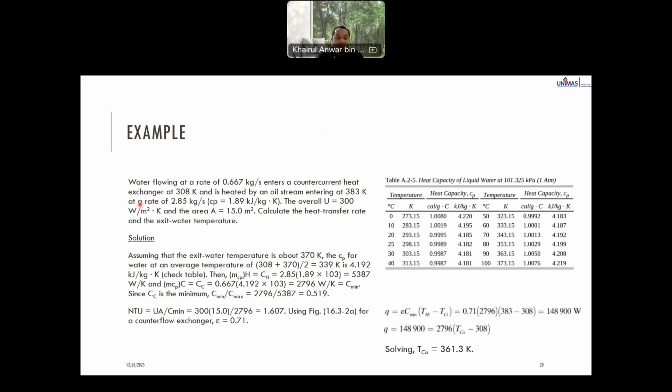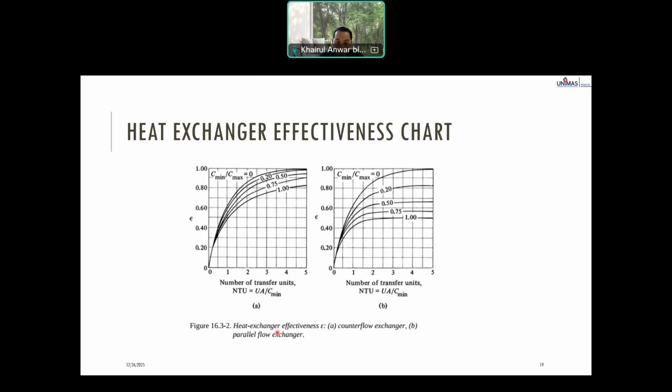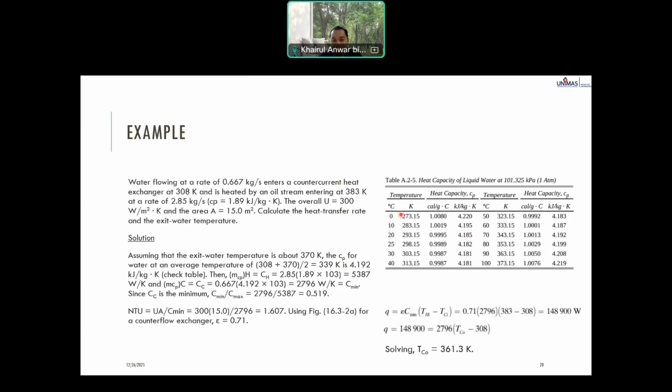Example. Water flowing at a rate of 0.667 kg per second enters a counter current heat exchanger at 283 Kelvin and is heated by an oil stream entering at 383 Kelvin at a rate of 2.85 kg per second.